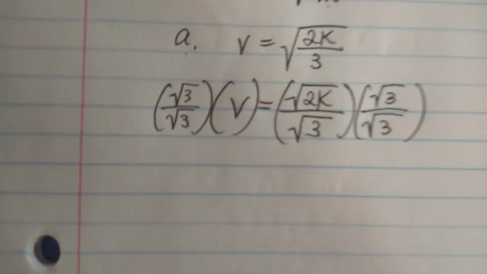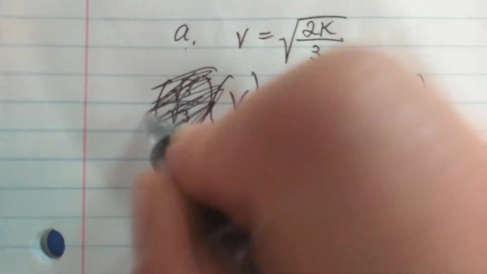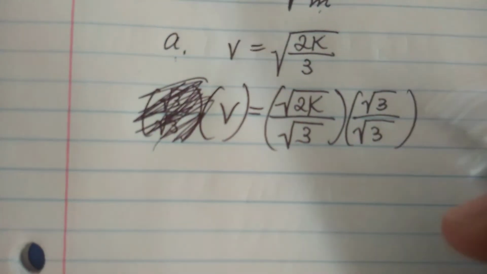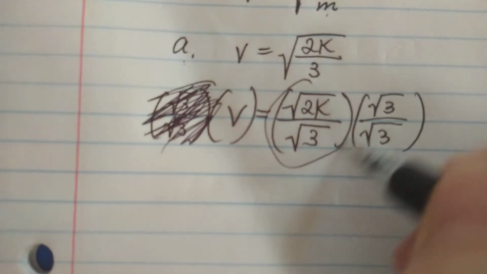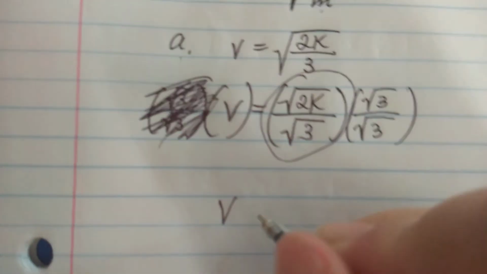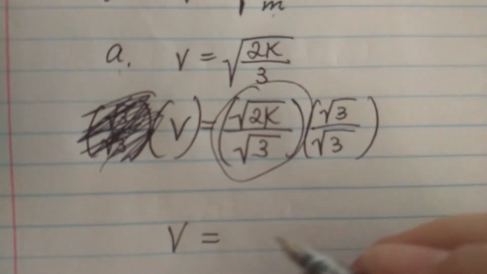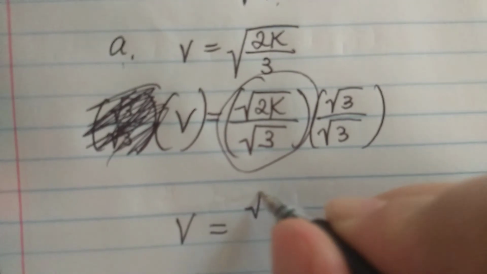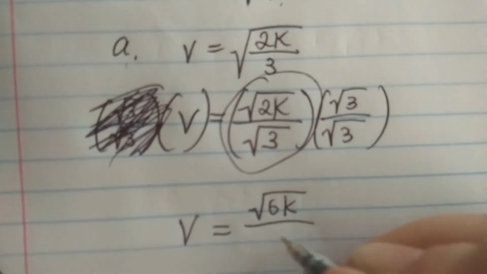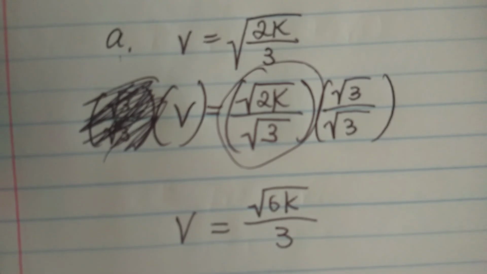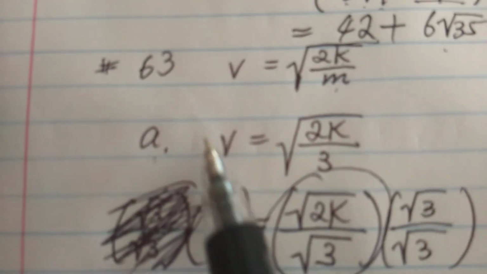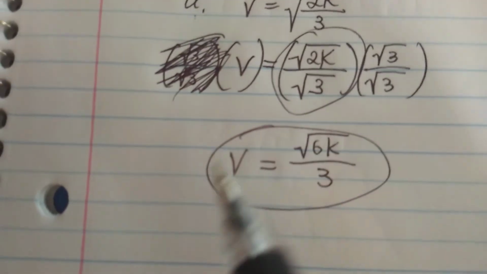Oh, I'm sorry, you don't need to do this. You're just rationalizing, so you're just multiplying by this, and you're just rationalizing this term. So the v is equal to radical 6k over 3.